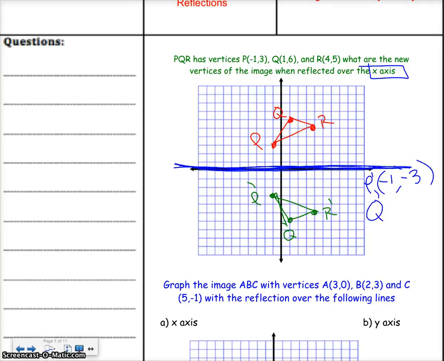Q prime, x is 1, y is -6. R prime, x is 4, and y is -5. And there is a relationship between the original points, P, Q, R, and the reflected points, P prime, Q prime, R prime.